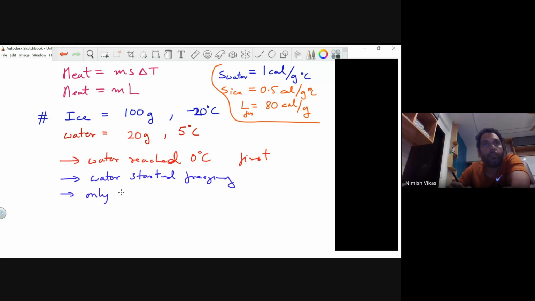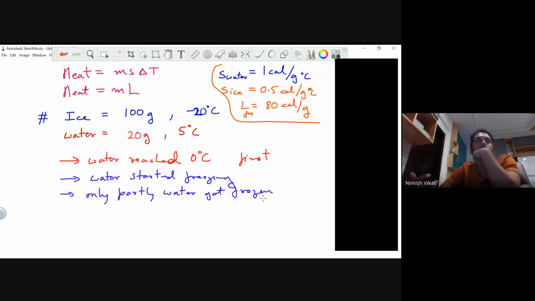Only partly water got frozen. Do you understand the last part? It did not fully freeze, because much before fully freezing, ice reached 0 degree Celsius, and hence it could not fully freeze. This has to go into your head fully, then only you will be able to write a logical equation.